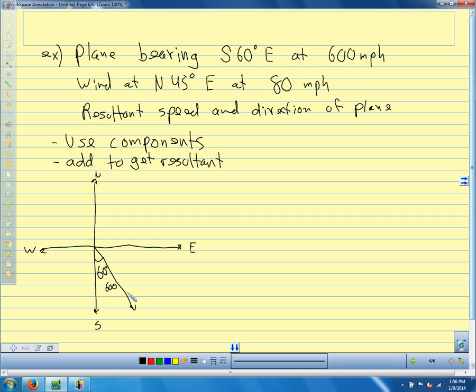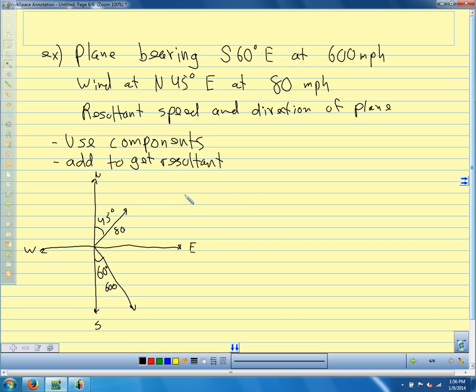So we're talking about our velocity vector. And now I'm going to draw another little compass here. Let's just draw it up here. Our wind is blowing at north 45 degrees east. So that's our bearing for our wind. And the magnitude of that velocity, the wind velocity, is 80. So we're going to break each piece into components and add the components.